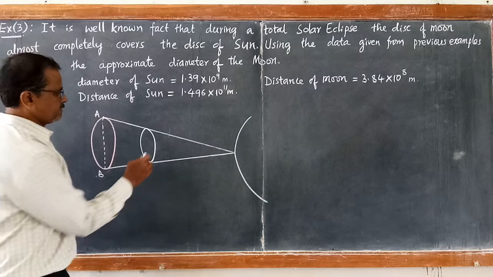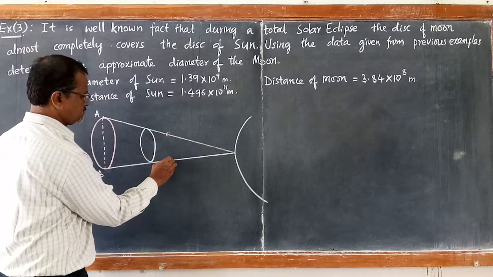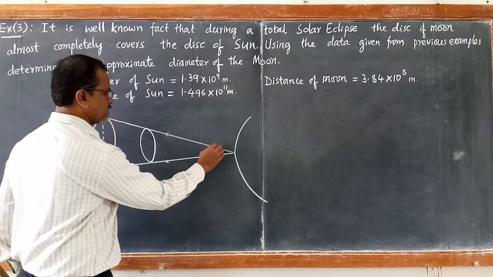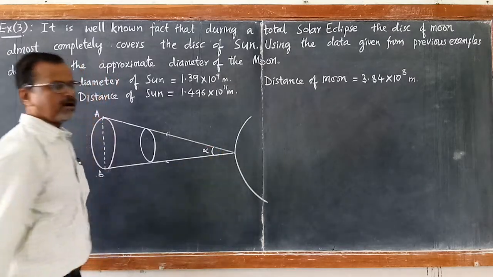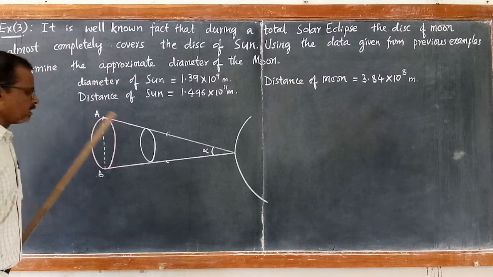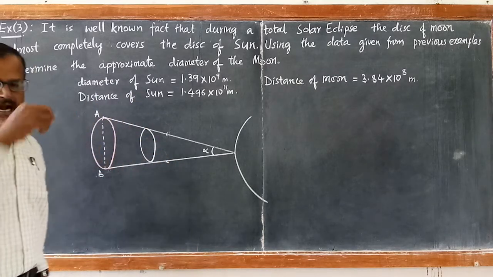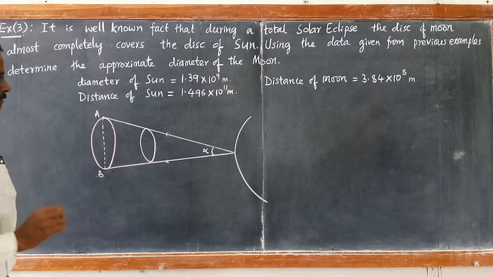Then you see, this is the line of sight, and here it gives the angle alpha. That's what we call angular diameter of the sun. In this situation, angular diameter of the sun and angular diameter of the moon become equal.